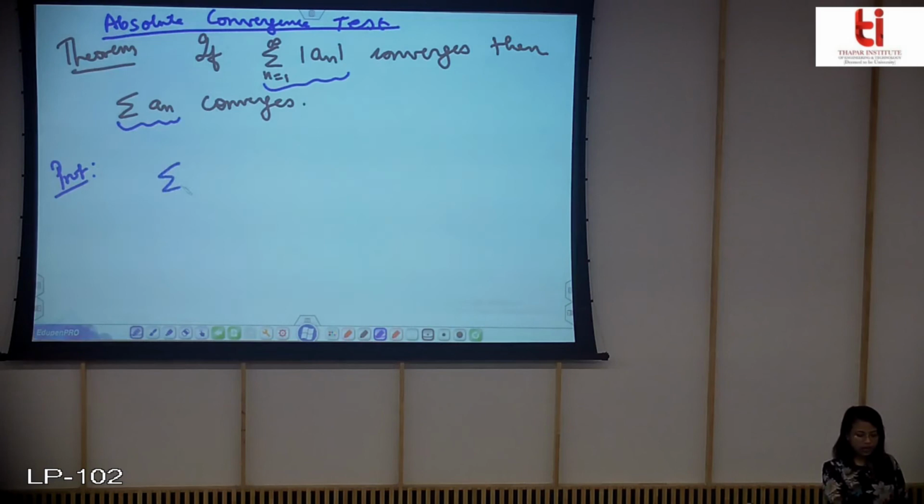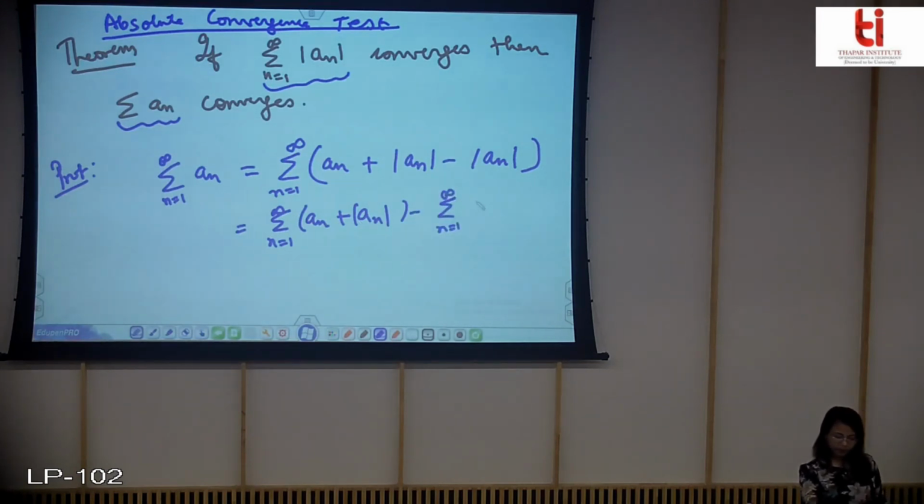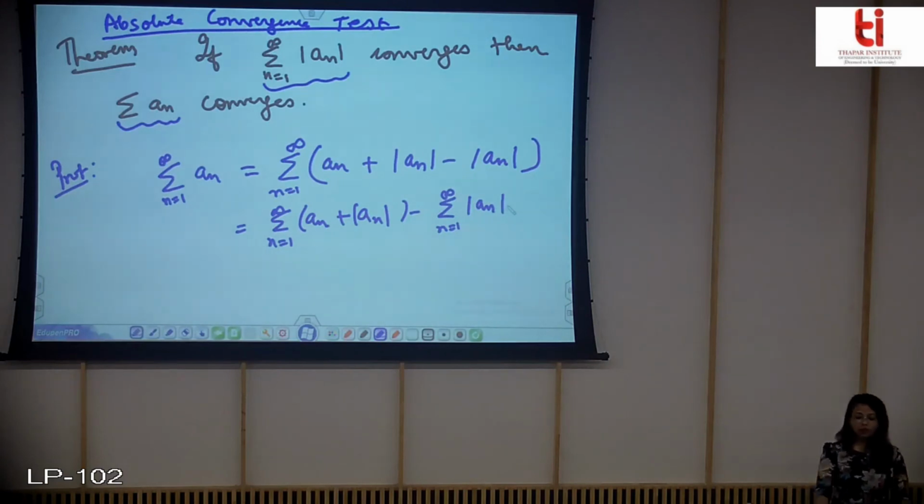Now you can see that an can be written as this. I have added and subtracted mod of an, and you can write this as an plus mod of an minus mod of an.